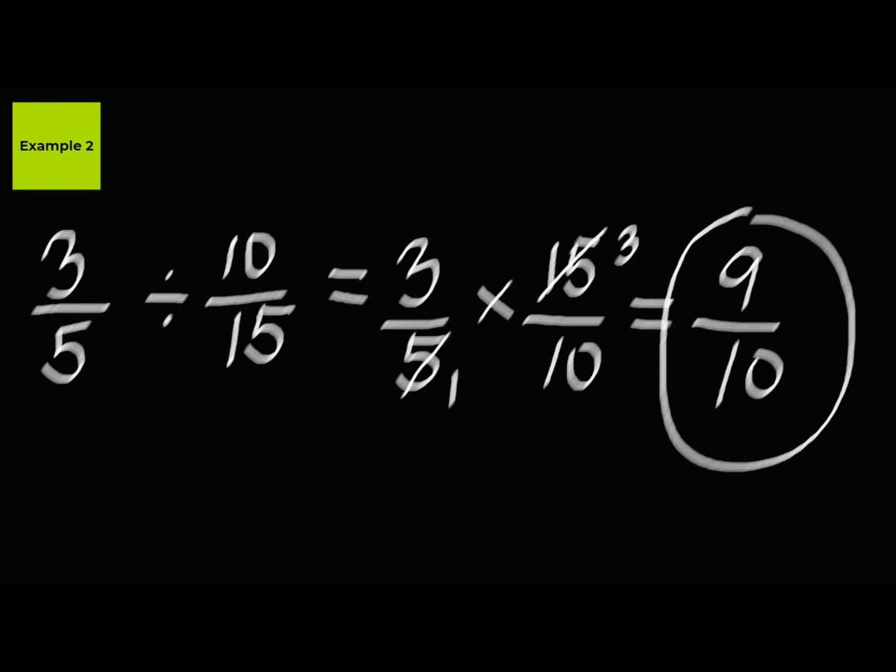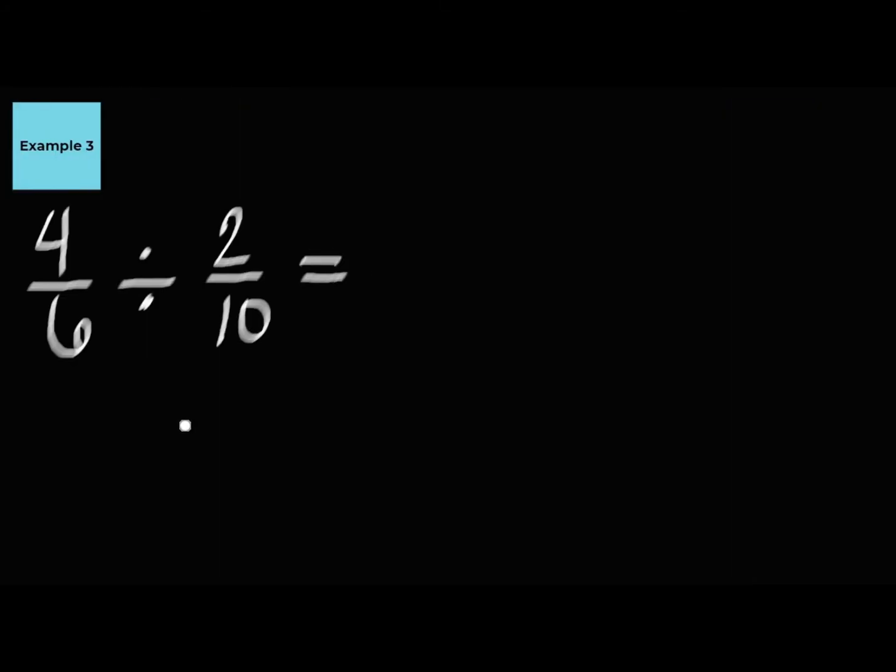Let's have more examples. 4/6 divided by 2/10. We will keep our first fraction, proceed to multiplication, and flip our divisor to get our reciprocal. 2/10 will become 10/2.